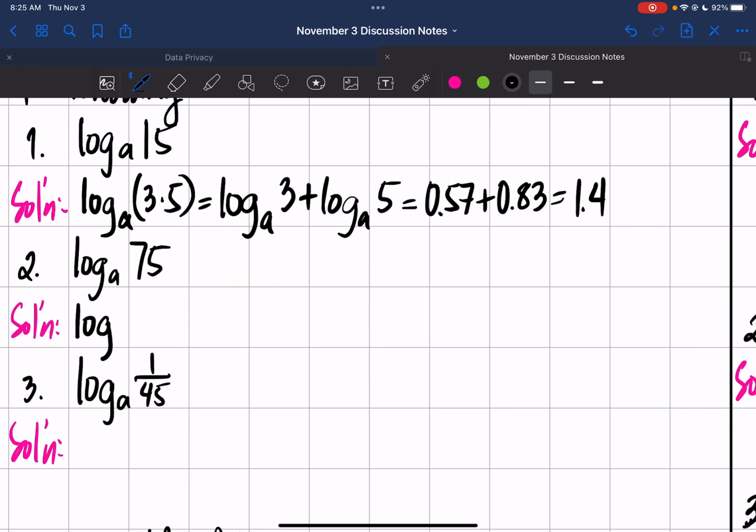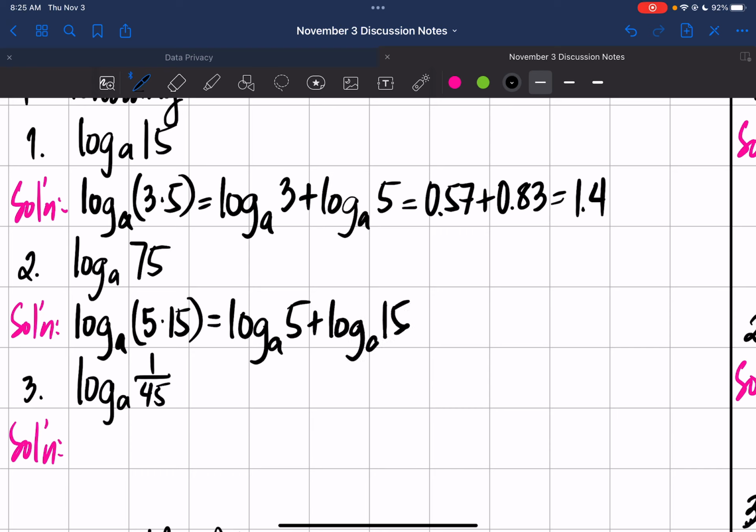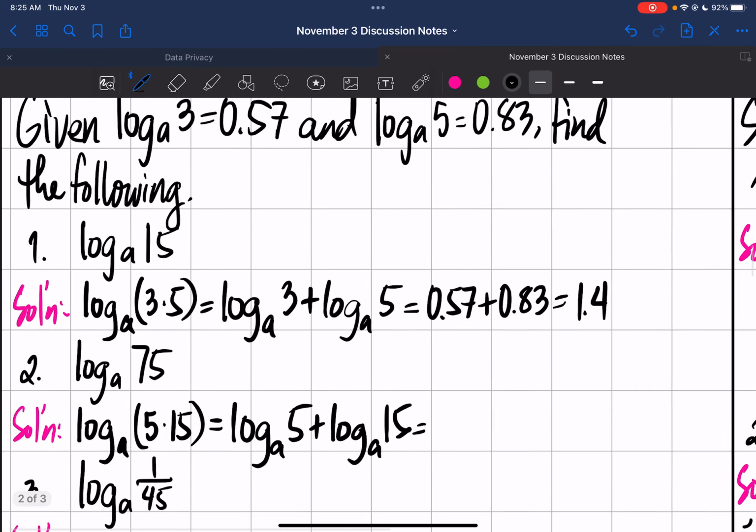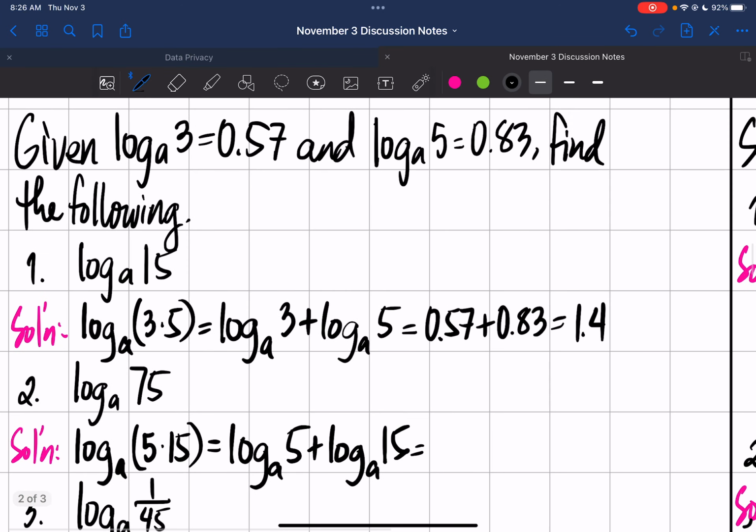So, we have here log of 5 times 15 base a. And by the product rule, this one class is log of 5 base a plus log of 15 base a. So, log of 5 natin is 0.57 plus log of 15 base a, which is kakakuha lang natin kanina, 1.4.